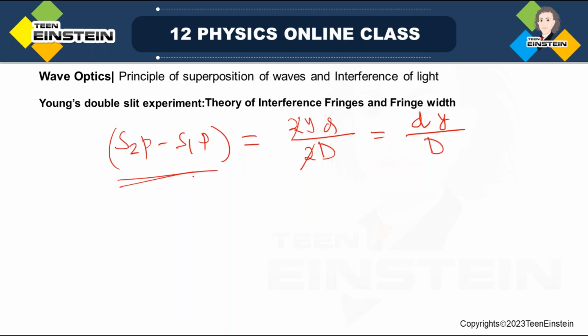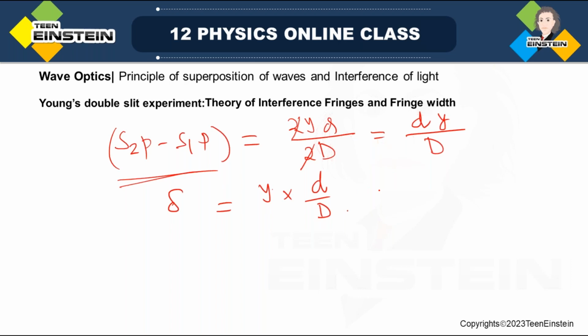This is path difference. Now I can write this as delta. Path difference delta is equal to y into small d by capital D. So this is path difference.